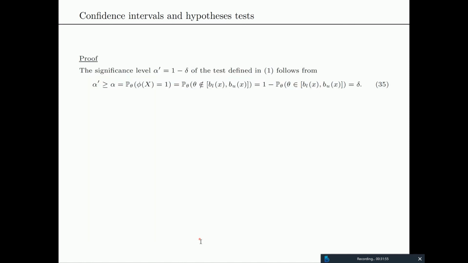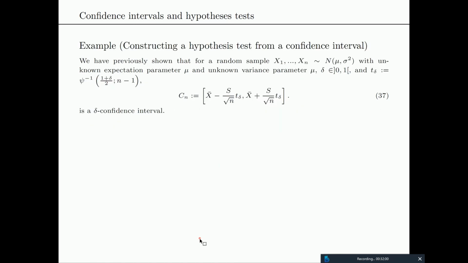So again, first showing that this holds, and then maybe I first show you an example to make this concrete, and then I'll show you why it works.